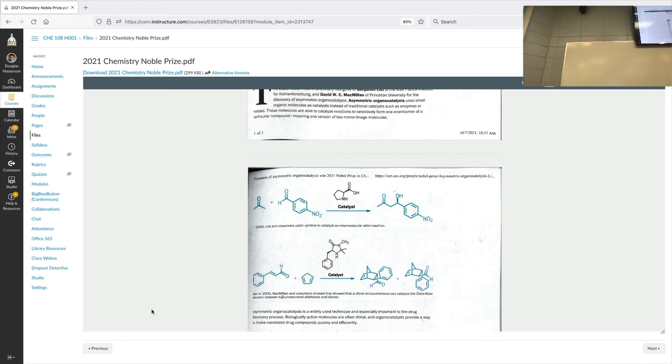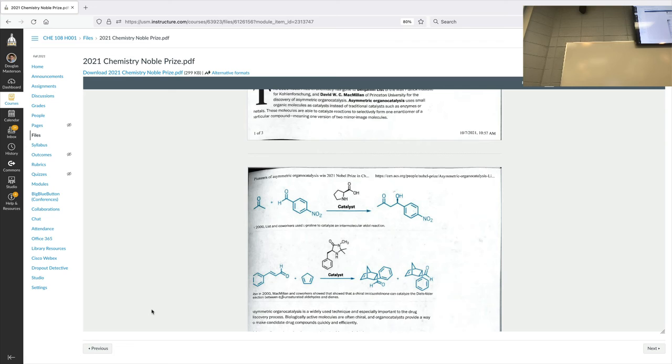Okay? We're getting a little off topic here. We're talking more medicinal chemistry than Nobel Prize. But aspirin works on a different enzyme than does naproxen or whatever other drug. So what those drugs target in your body is different.